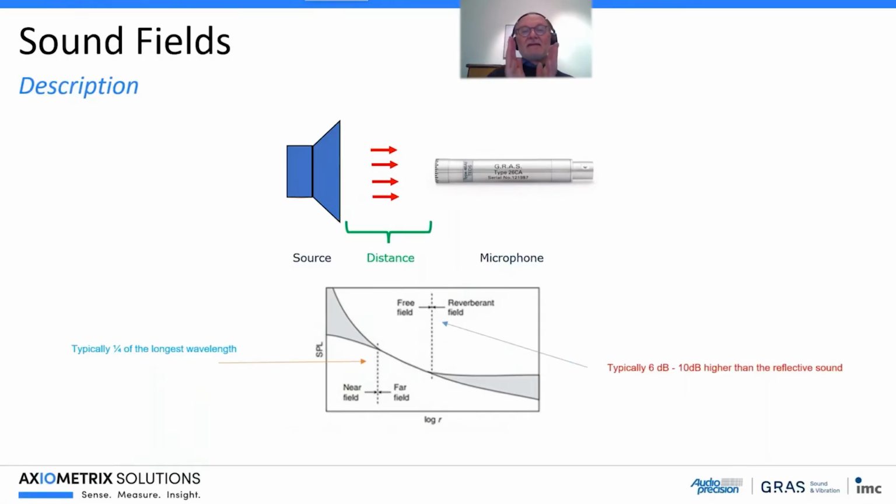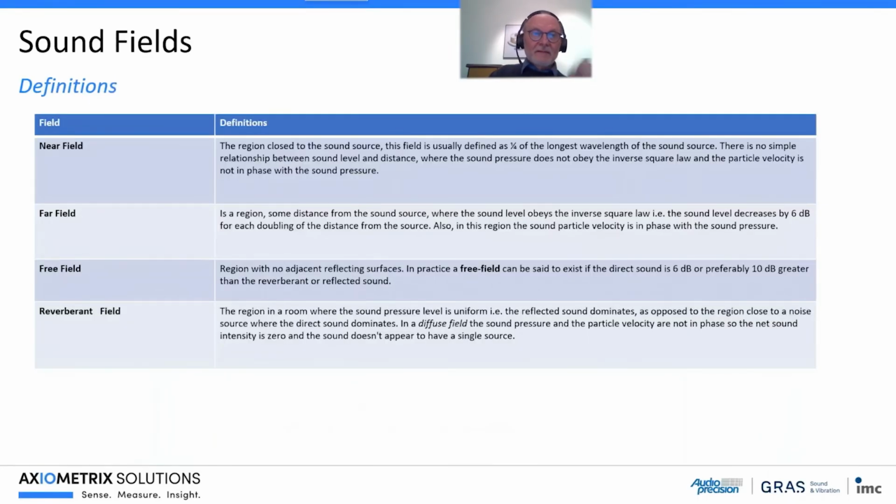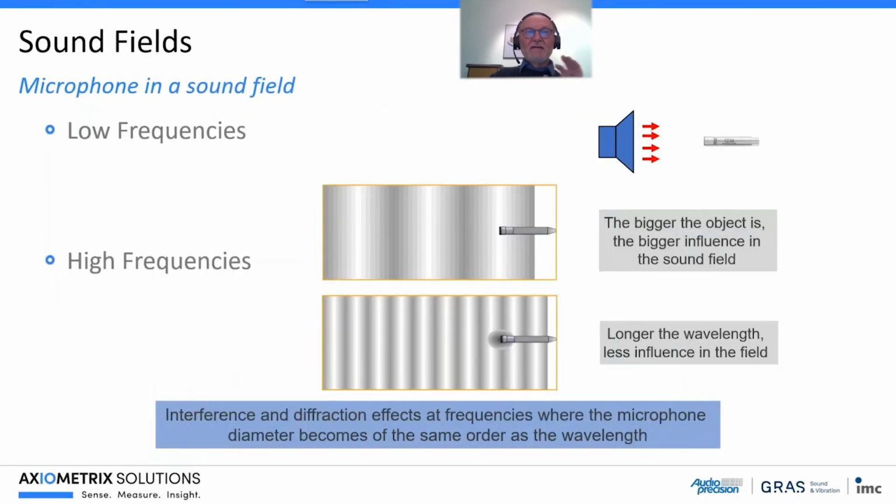And the transition between free field and the reverberation field is typically where we see 6 to 10 dB higher than the reflected sound.